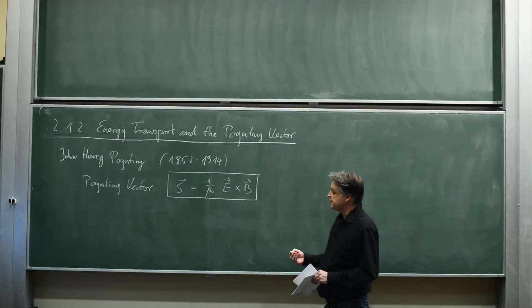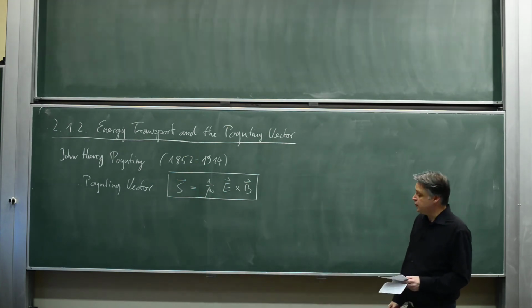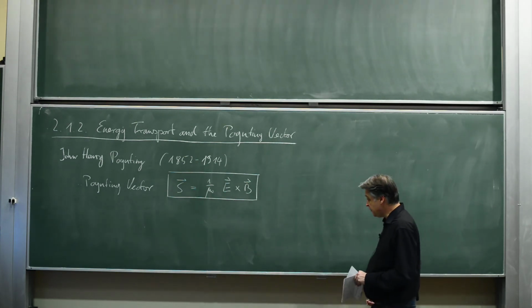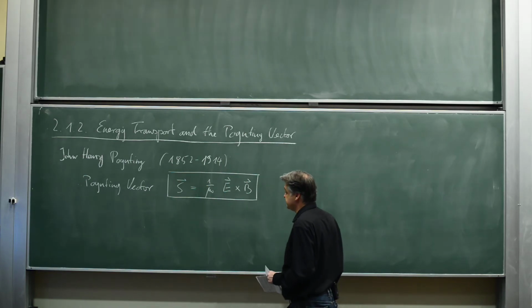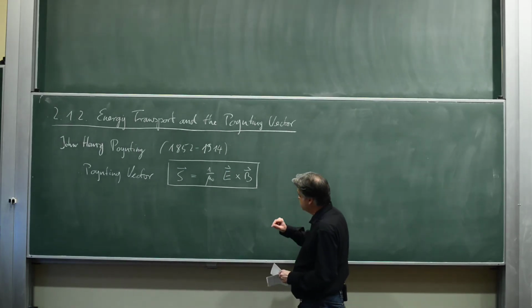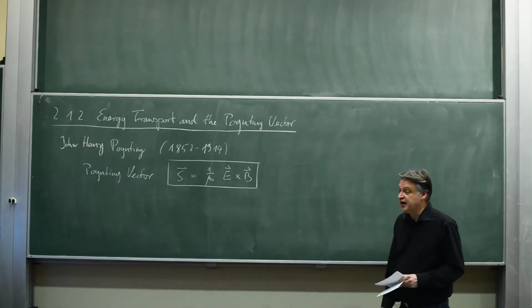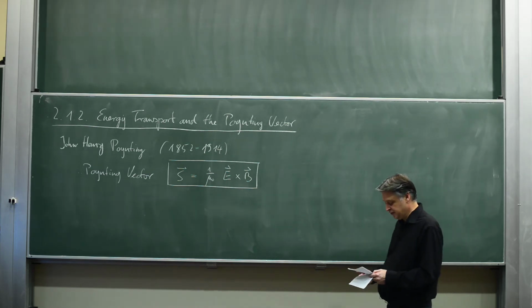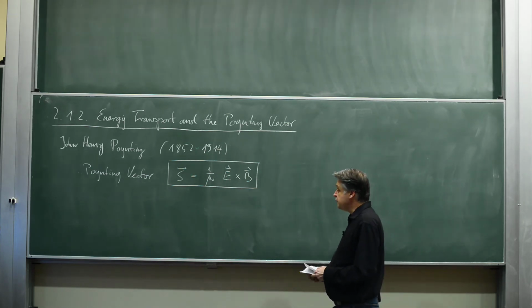The electric field and the magnetic field are already all the time perpendicular to each other. The cross product here underlines that even further. What are the units?